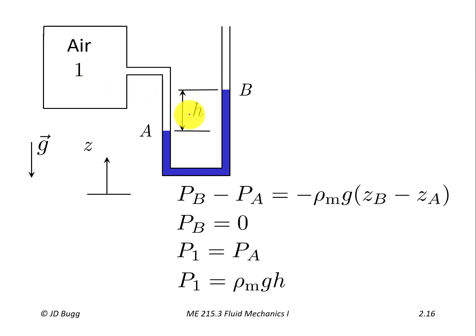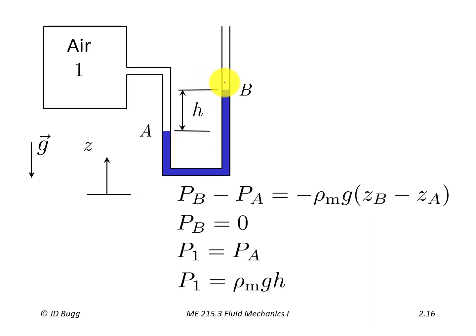Some of the disadvantages, though, I said that it has very poor dynamic response. Well, if this air pressure were changing with time rapidly, this is a very, very slow device to respond to that because there's inertia in that manometer fluid. It needs to rise up in one leg and down in another leg. And if there's an unsteady pressure, this is a very bad way to measure that pressure.